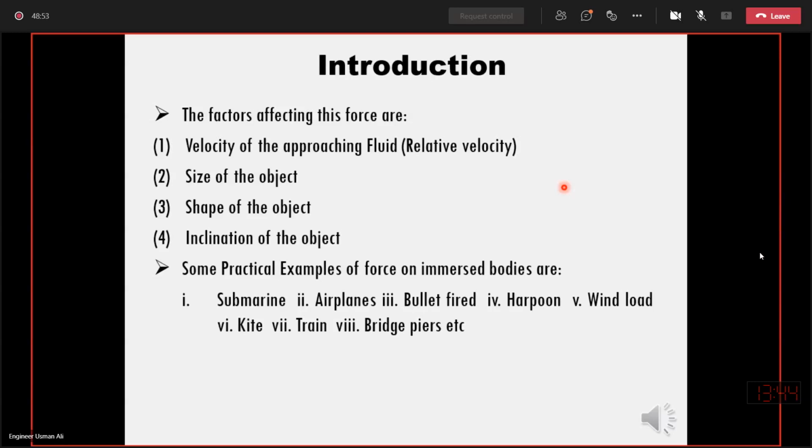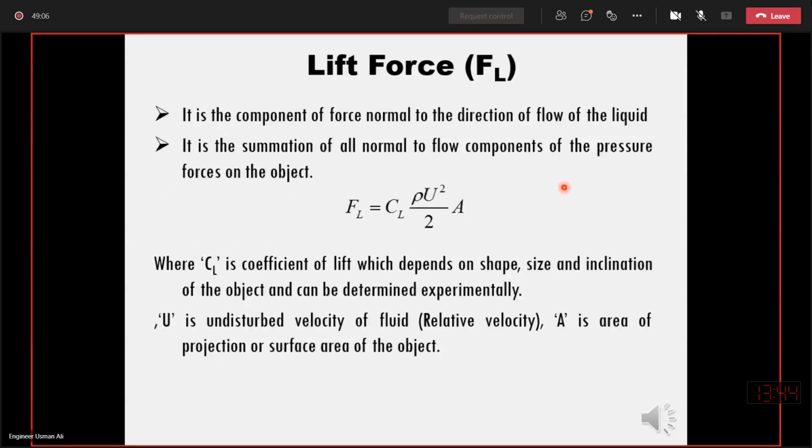These are some of the examples of forces on immersed bodies where either wind or water will exert force on the other bodies. Lift force is the component of the force which is normal to the direction of the flow of the liquid.